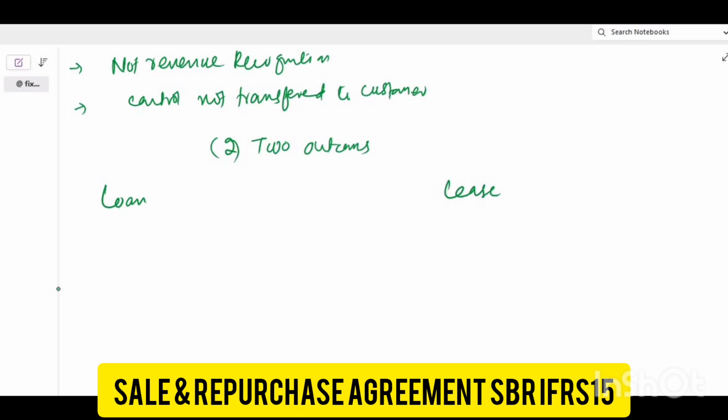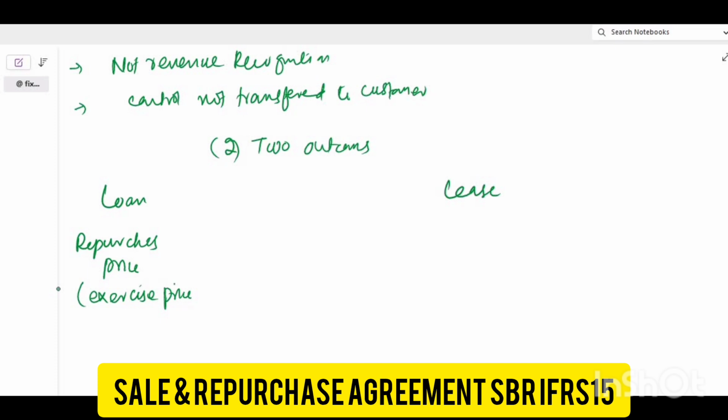So you will check the repurchase price, and the repurchase price means the exercise price.